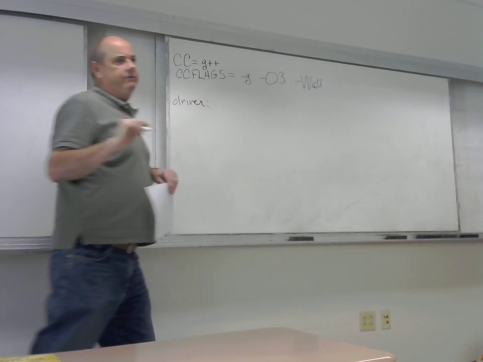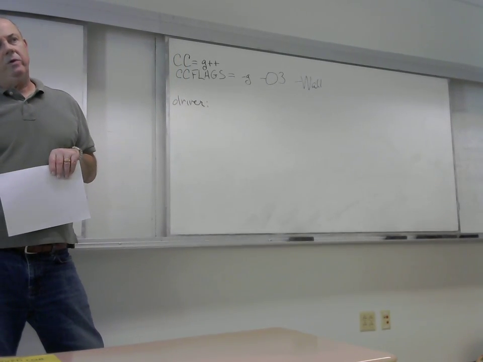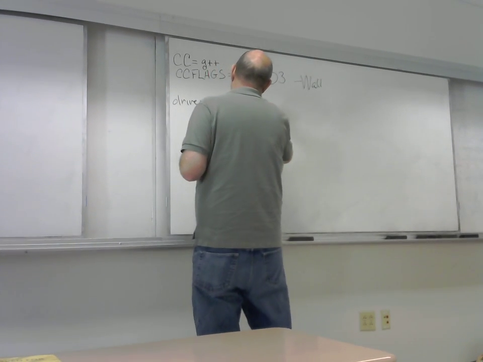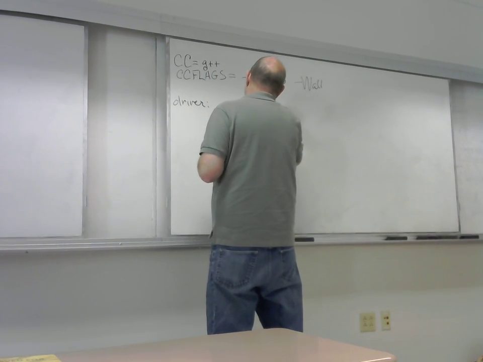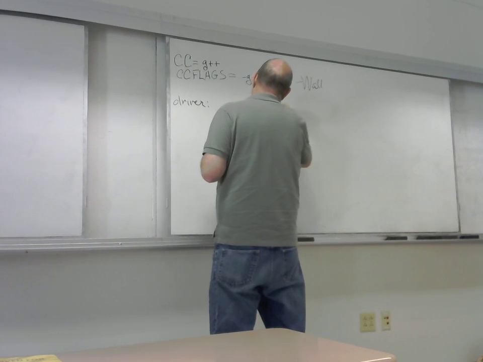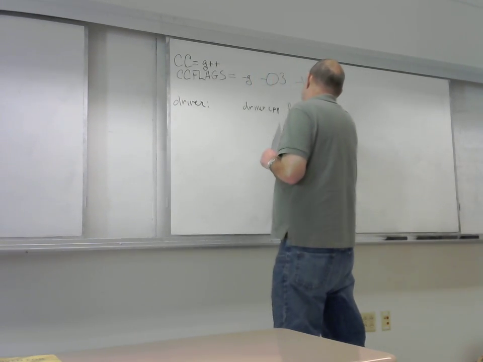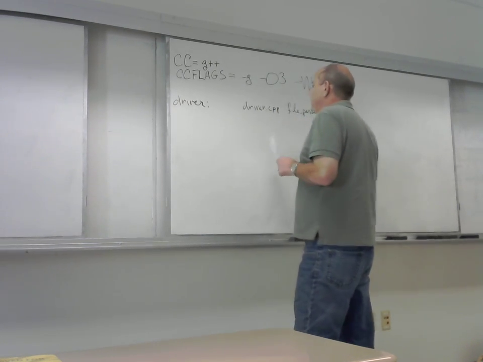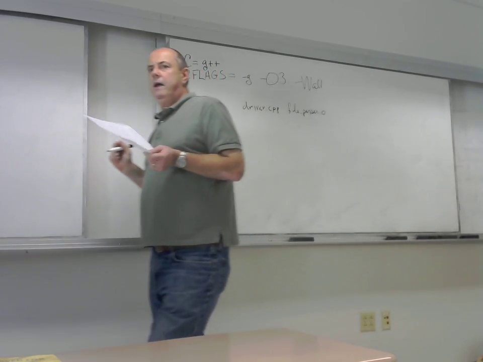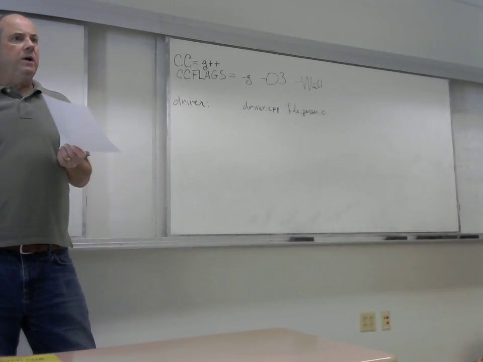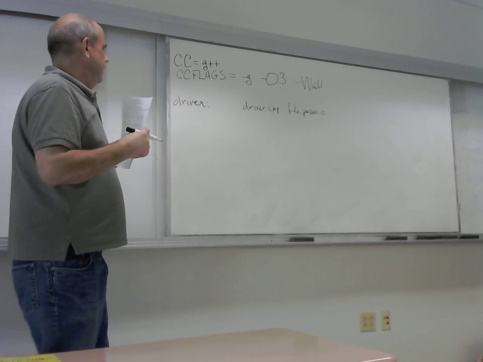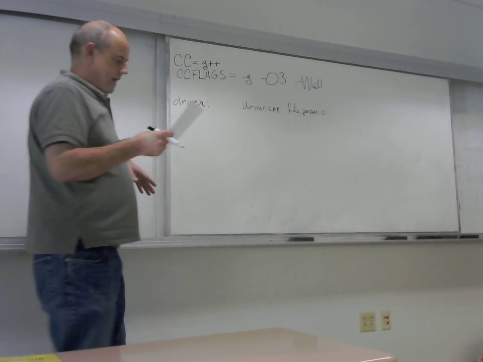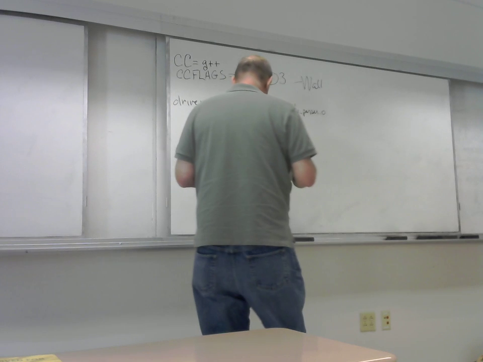And then you have to specify the resources required for the driver. So we might have something like driver.cpp, file, parser, whatever files are required or referred to, referenced inside the driver. What's required to make this? And then we have the command.